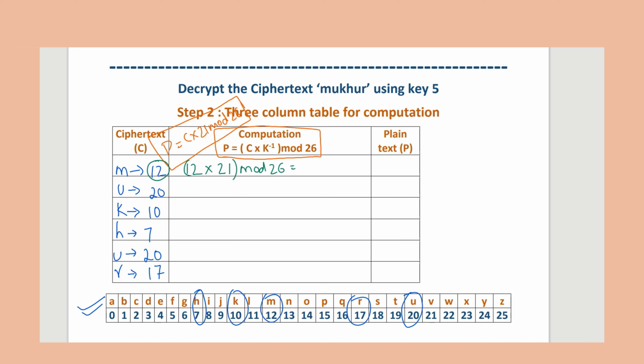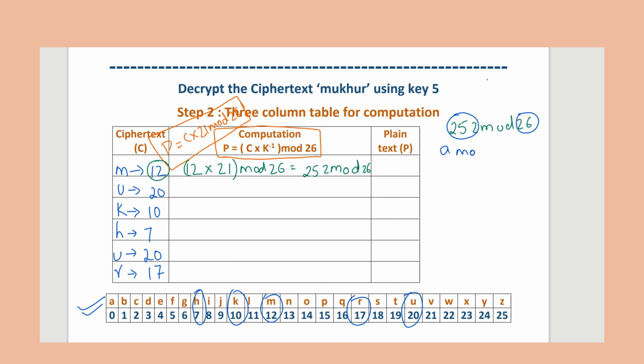What is 12 into 21? 252 mod 26. Now when you have the number 252 mod 26, since the number 252 is larger than 26, you have to bring 252 within the range of 0 to 25. That is, you have to perform modular arithmetic. Now as I discussed in my previous video also, how do you do this modular arithmetic?